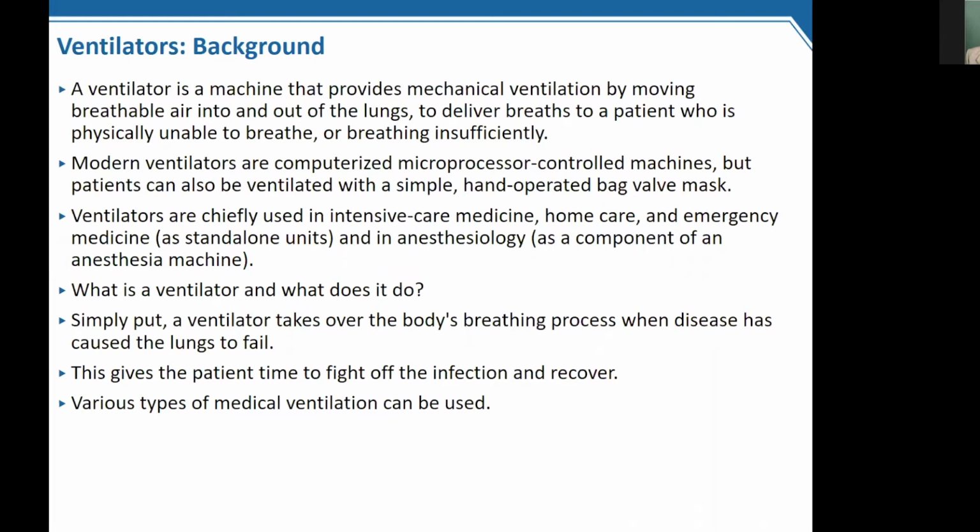Basically, that is a machine that's controlled by a microprocessor to operate a valve so that it sends in fresh air along with the temperature and humidity. And then it also does the work of the lung to take out air from our lungs. Basically, it's breathing for us.